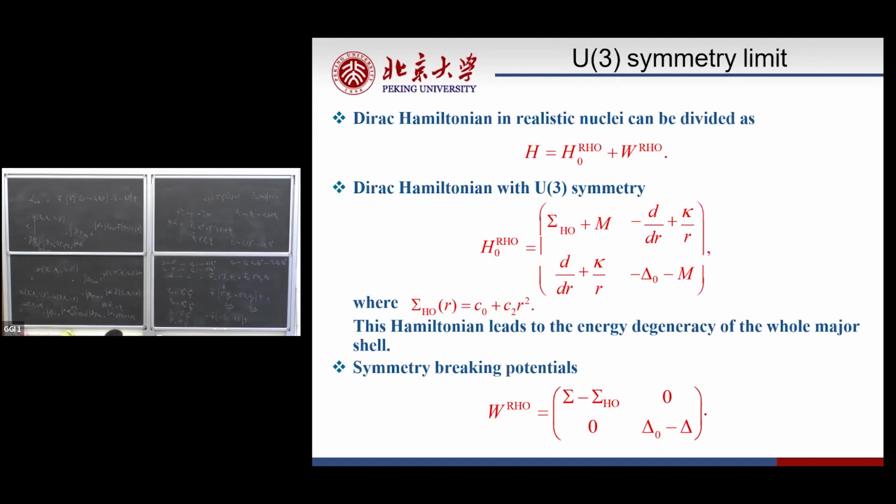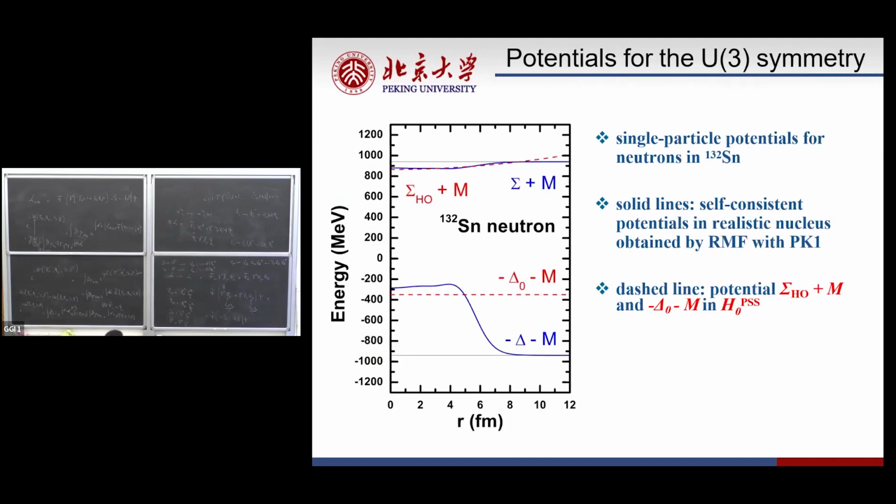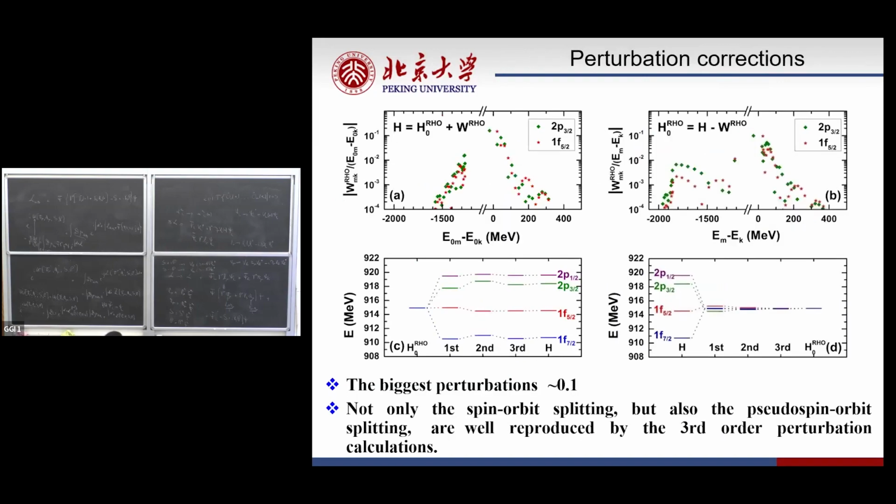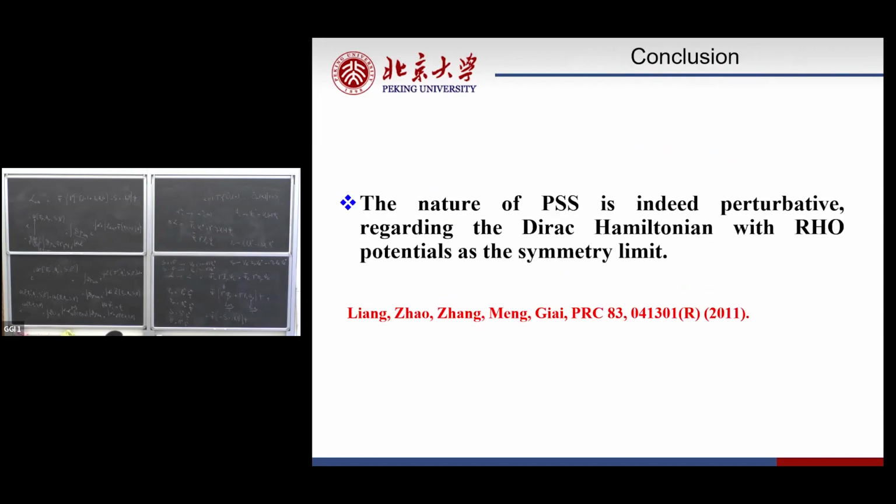So yeah, this is the case of the pseudo-spin symmetry in nature. In such a way, we finally found the conclusion that the nature of pseudo-spin symmetry is indeed perturbative.